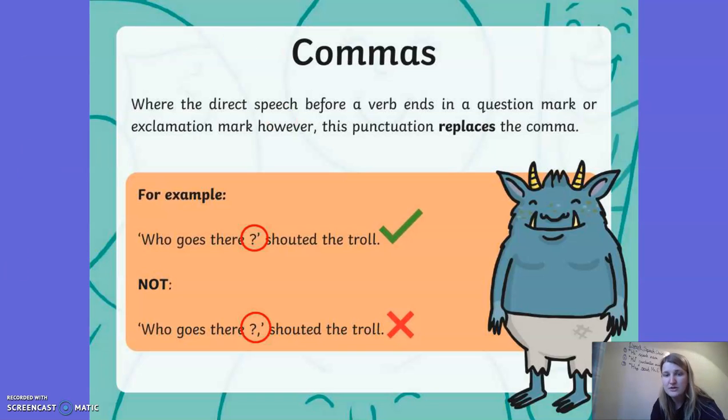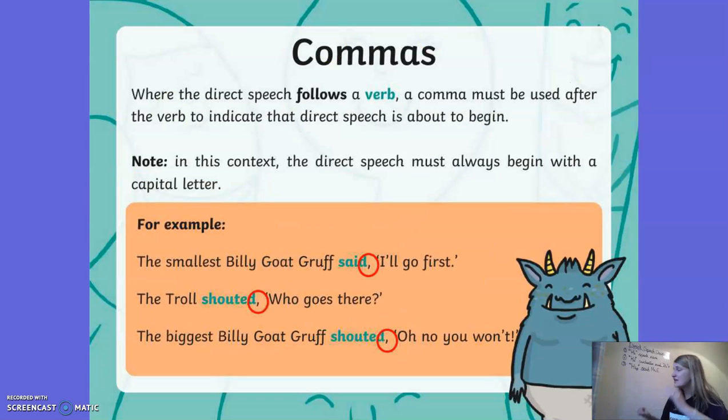So we only use 1 bit of punctuation, either a comma there, or if it's a question mark, or something exciting, an exclamation mark. Okay, so that's if we've got number 3, which is all about having the speech, so this bit, and then the verb afterwards, okay?